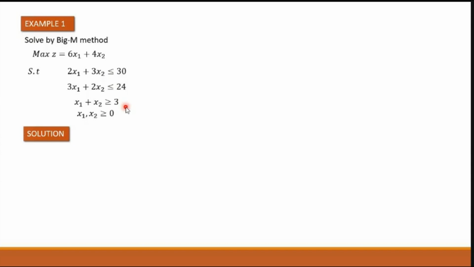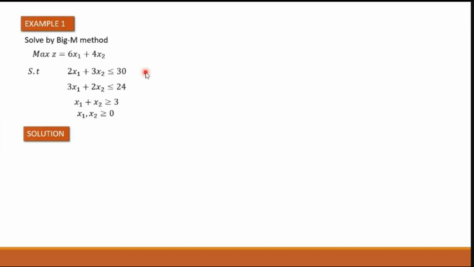So now our aim is to reduce this LPP to standard form. Standard form means we should not have any inequalities. All these inequalities are converted to equalities. Now how do we convert the first constraint to an equality constraint?